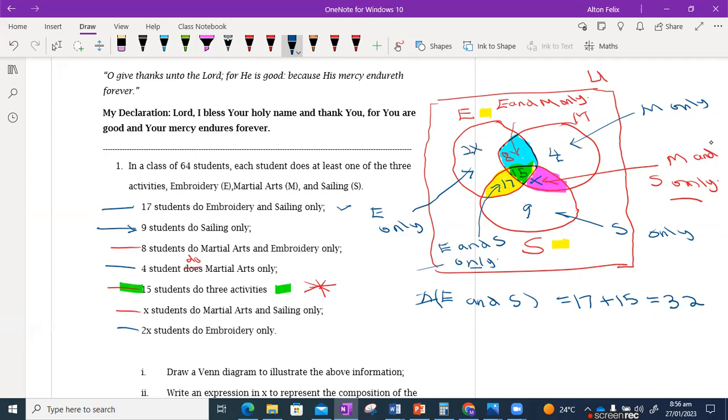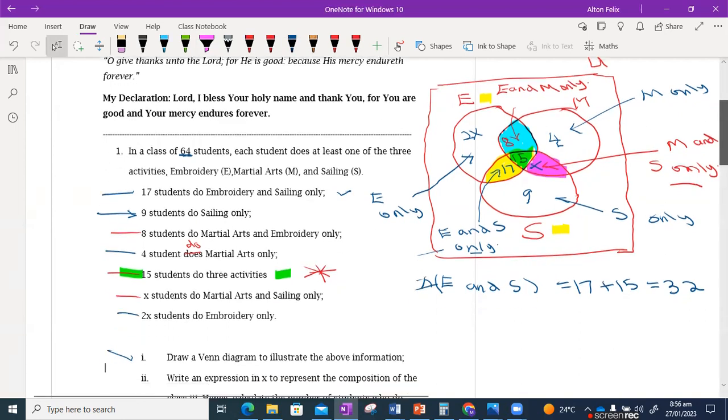So we have 64 students. And let's hope the numbers will add up. We have already included all the information for the Venn diagram as shown in the diagram. And we are now going to part 2 of the problem, which asks us to do what?